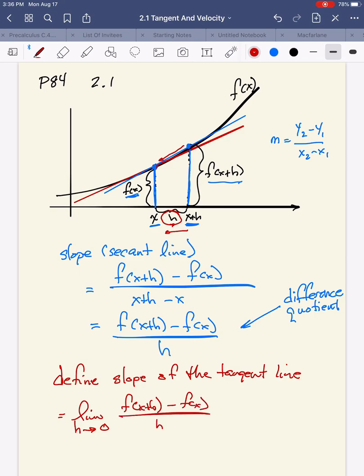In other words, as this h gets closer and closer to 0, this expression right here gets closer and closer to the slope of the tangent.